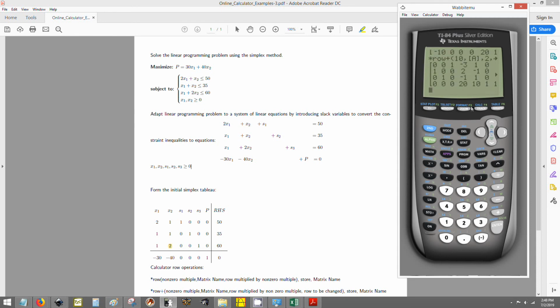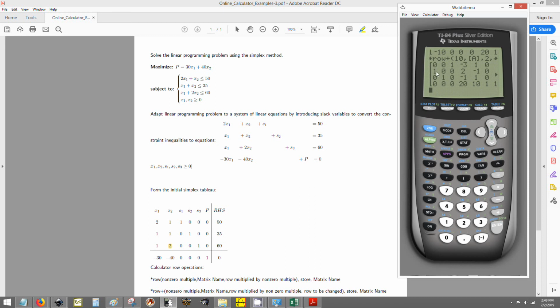And now I don't have any more negative values in my fourth row, and therefore I'm done. The simplex is finished, and the maximum value of P is 1300.